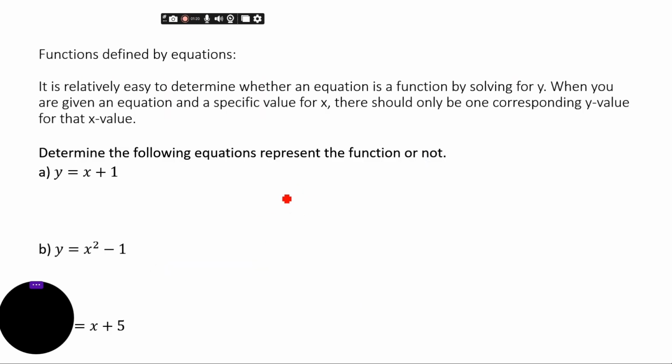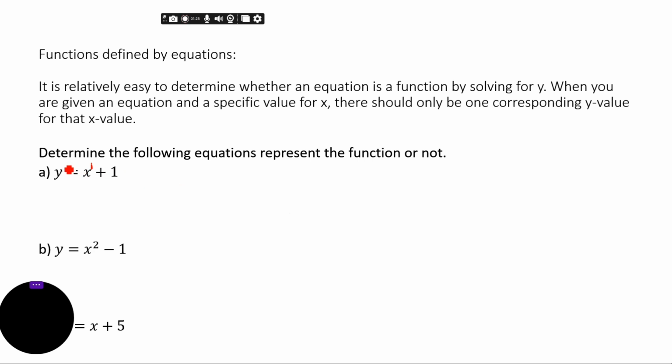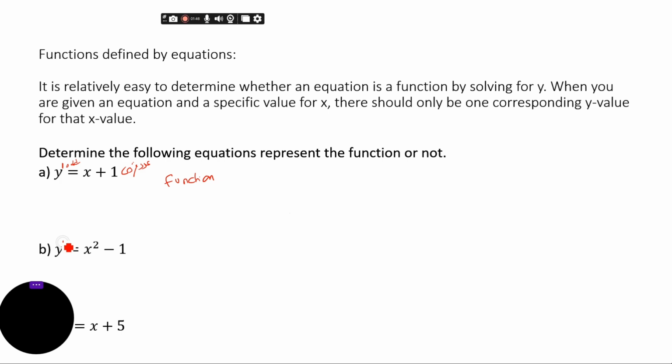Here, determine whether the following equations represent a function or not. Here we look at the power of y. If it is odd, then it is a function, because there is only one y value. Here also the power of y is 1, which is odd, so this is a function.